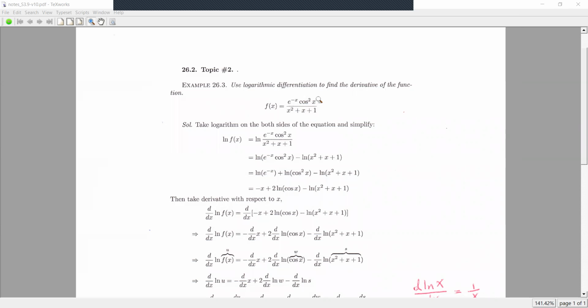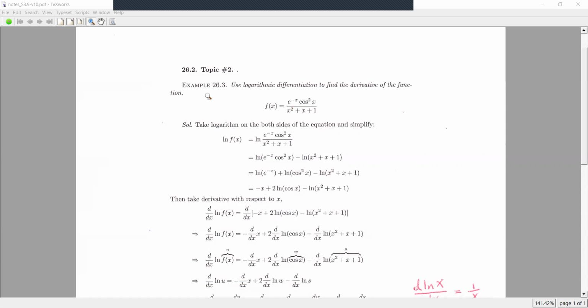When I compute the derivative on the top, I use the product rule. When I compute the derivative of e to negative x, I use the chain rule. And when I compute the derivative of cosine squared, I use the product rule, because cosine squared is cosine times cosine. And also I can use the chain rule to compute the derivative of cosine squared.